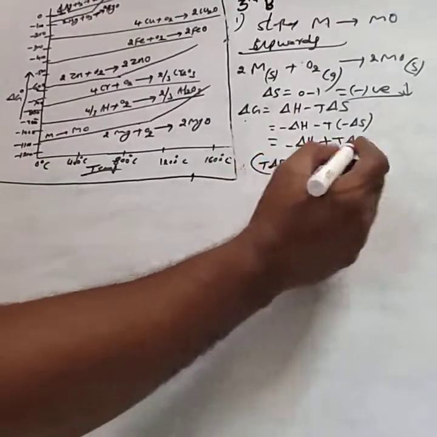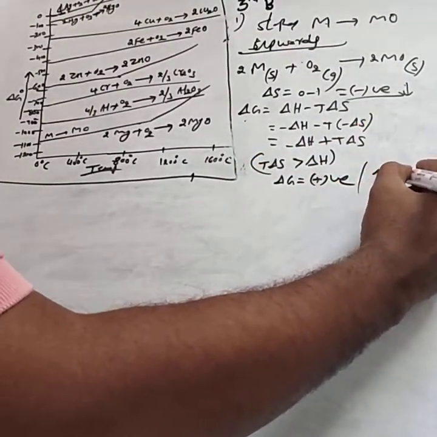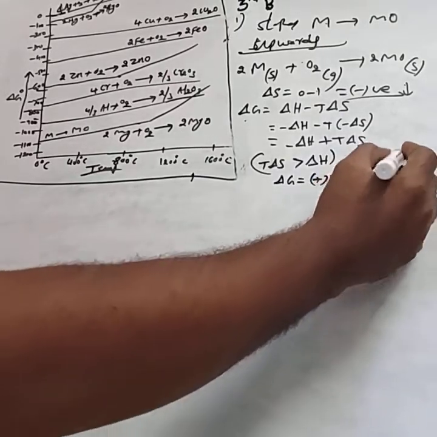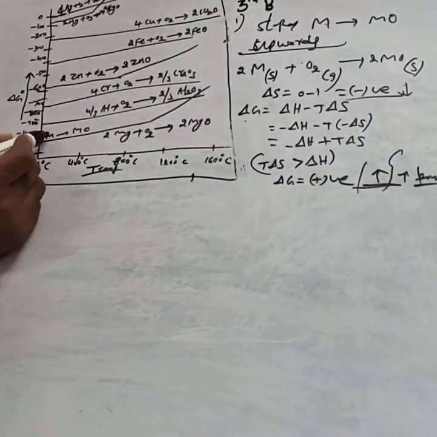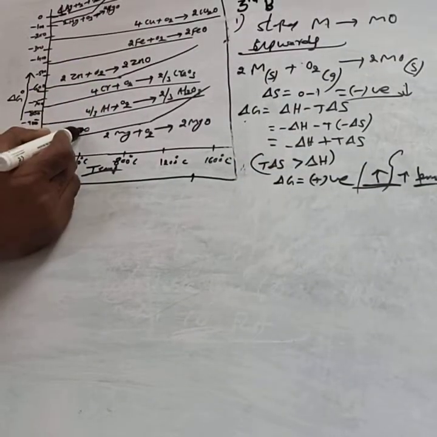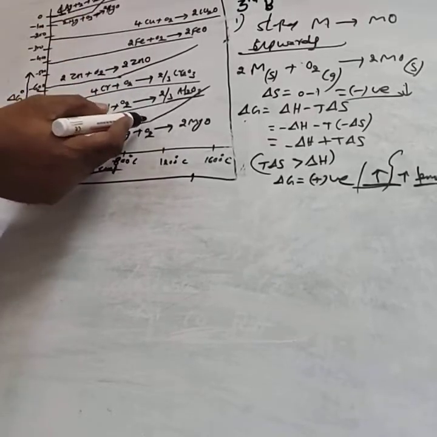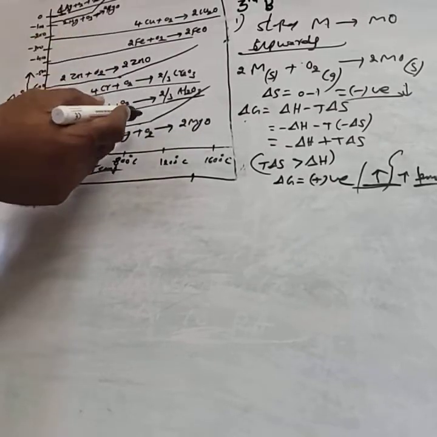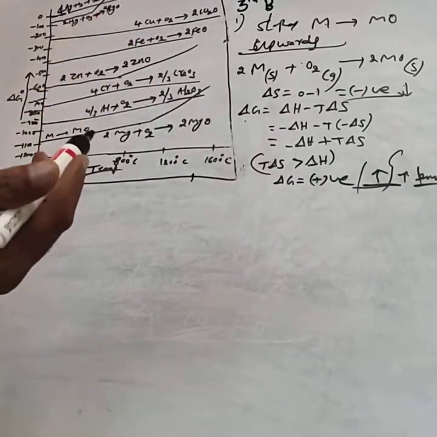Delta G positive means delta G increases with increase in temperature. Hence the slope of the metal to metal oxide line is always upwards. When the metal oxide is formed, it has a positive slope, meaning it always rises upwards.